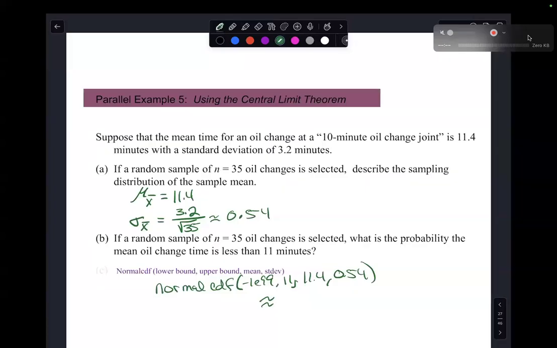Yep, that's exactly what I got. 0.22. I'm going to round it to 0.98. Yep, good job. How'd the rest of us do? We did good? Feeling okay?